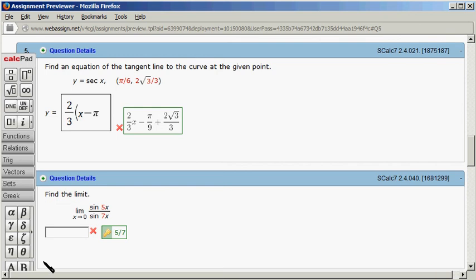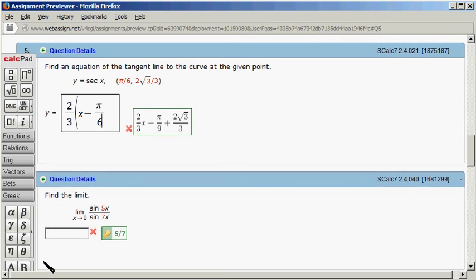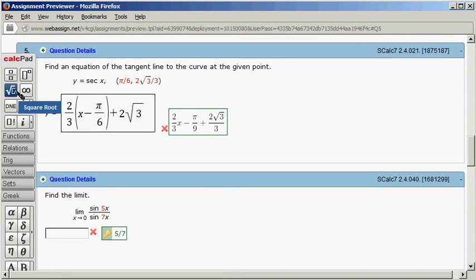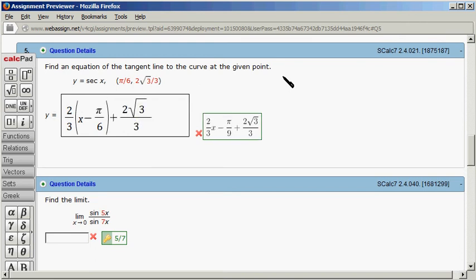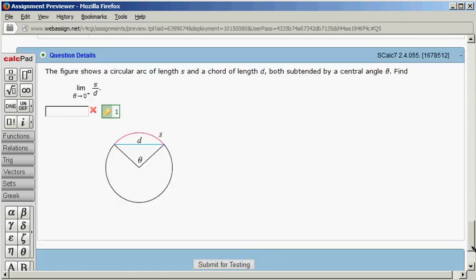Pi over 6, then close the quantity, and then plus 2 square root of 3 over 3.